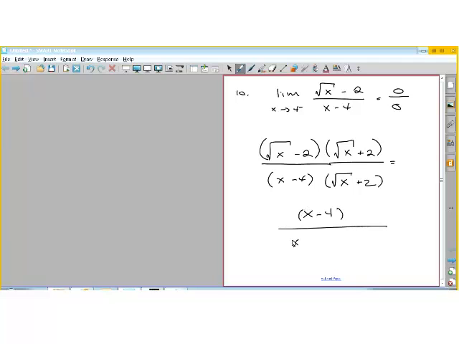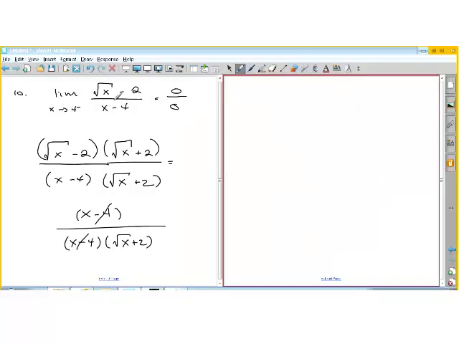In the denominator you get x minus 4, surprise, surprise. Then times this thing, it cancels out. So the limit of this is the same as the limit of 1 over the square root of x plus 2. And we just plug in 4. So that's going to be equal to 1 divided by 2 plus 2, which is 1/4.